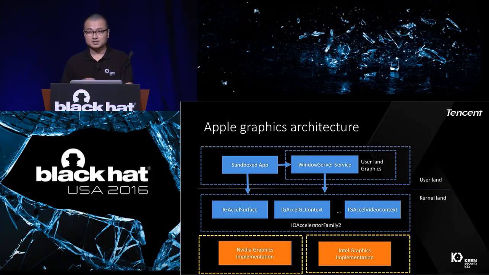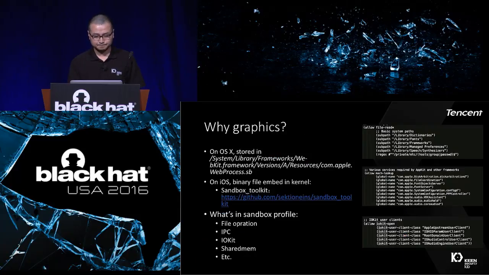For some apps like Safari or Chrome or other browsers, because of performance considerations, the sandbox profile allows calling directly into the kernel. This is for example when you need WebGL or something like that. You need better performance, so you can call them directly.